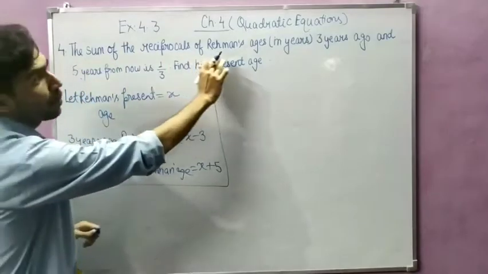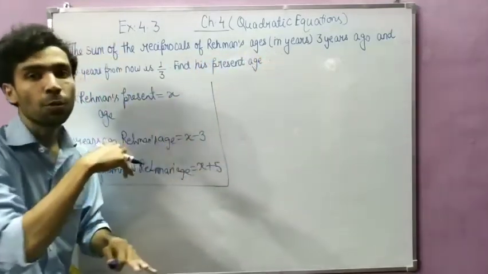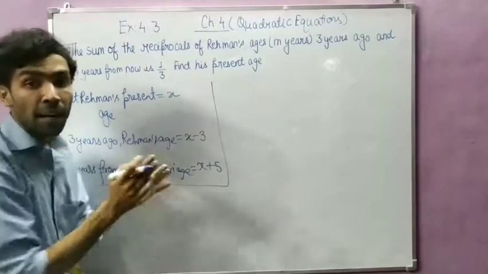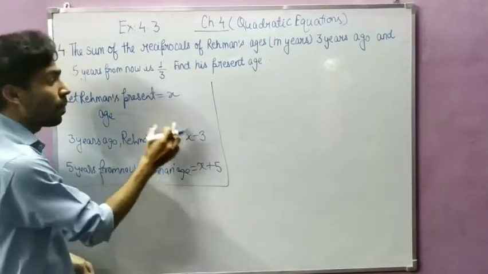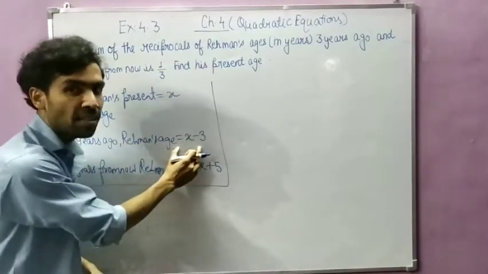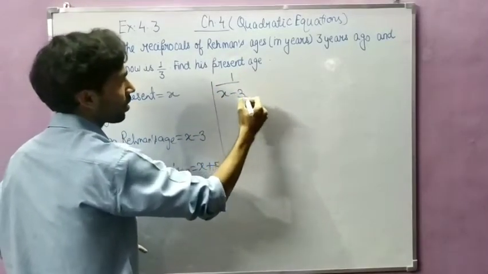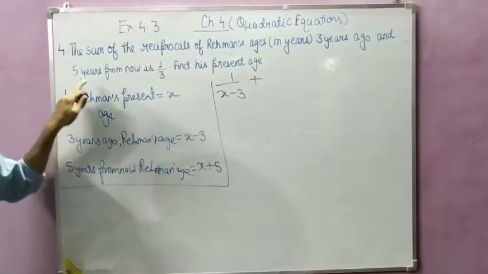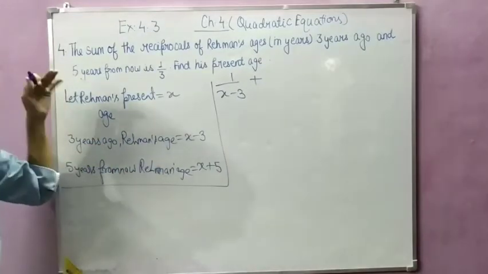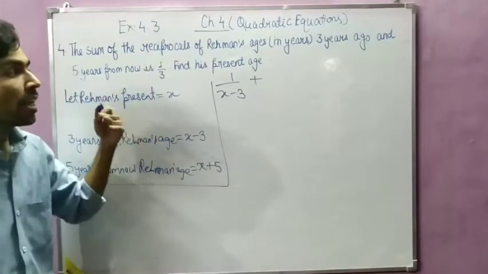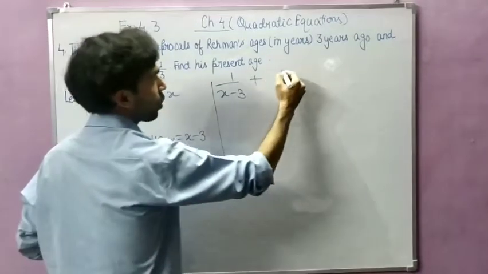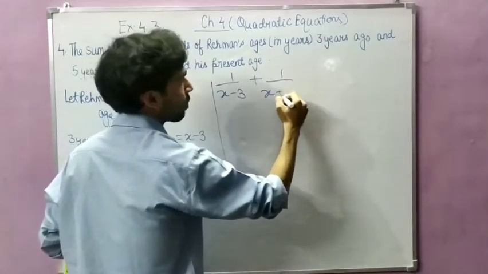The sum of the reciprocals of Rahman's age 3 years ago. Rahman's age 3 years ago was x minus 3, so the reciprocal of x minus 3 will be 1 upon x minus 3, plus the reciprocal of Rahman's age 5 years from now, the age in the future, which will be 1 upon x plus 5.